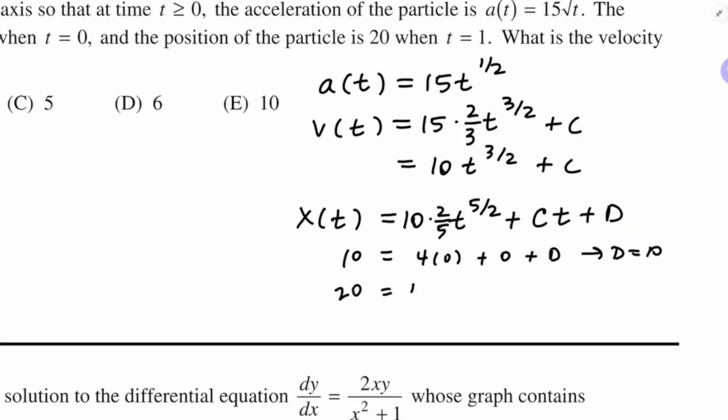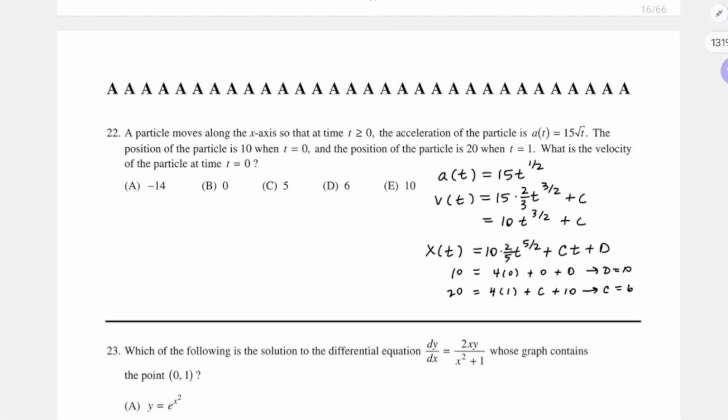So 4 times 1 plus c plus d ended up being 10. So 4 plus 10 plus c equals 20. That's going to give me c equals 6. And velocity at time 0, so v of t is the 10t to the 3 halves plus c, which I determined was 6. So there, I'll get d.